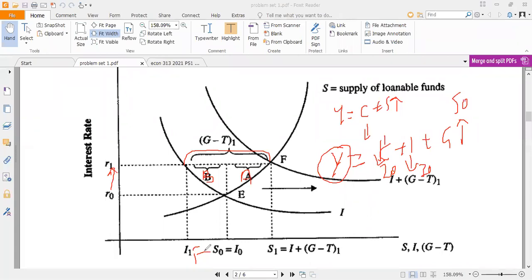That's what we call the interest rate induced fall in investment. When you increase government spending, it causes an increase in the real interest rate. That is why the level of investment is falling. So that's what we call interest rate induced fall in investment.